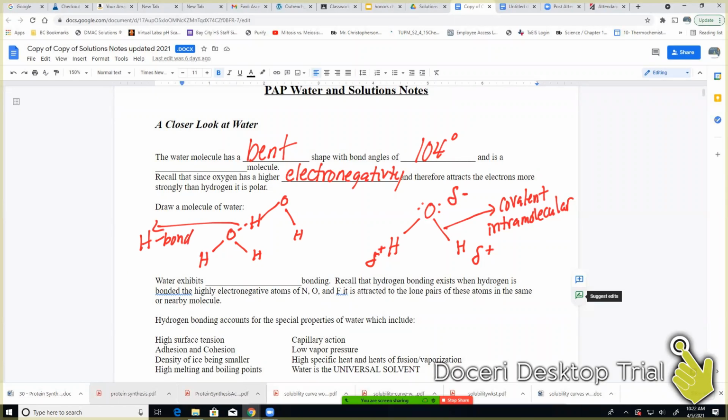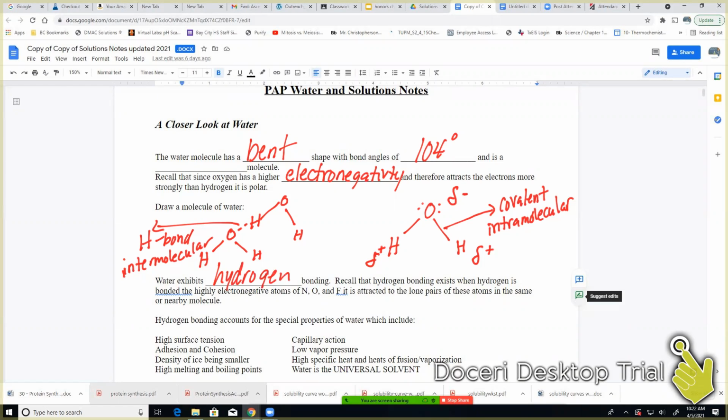So that's your intermolecular bond. So covalent is within the molecule. Holding a water molecule to another water molecule is the hydrogen bond, which gives it most of its properties.